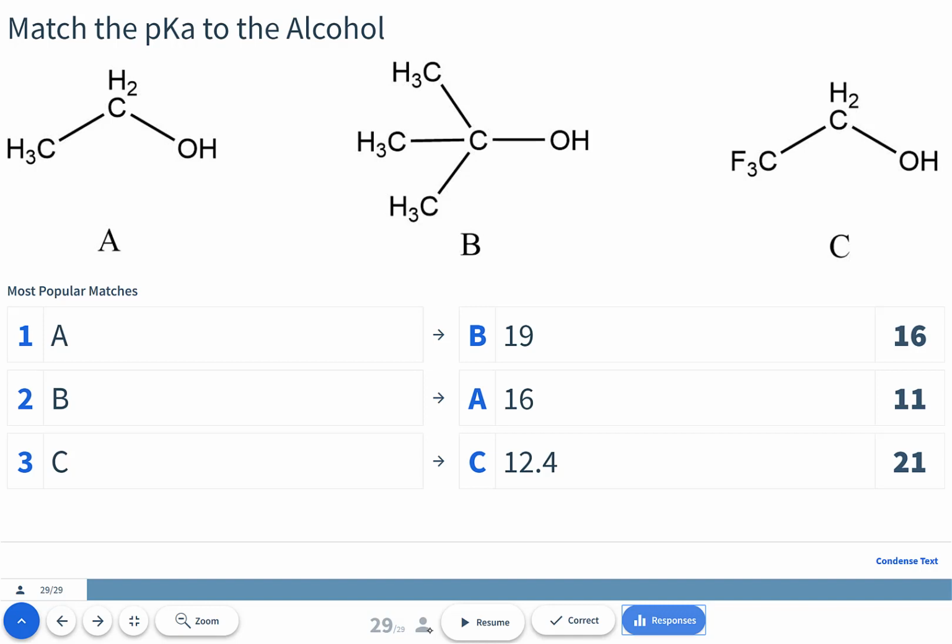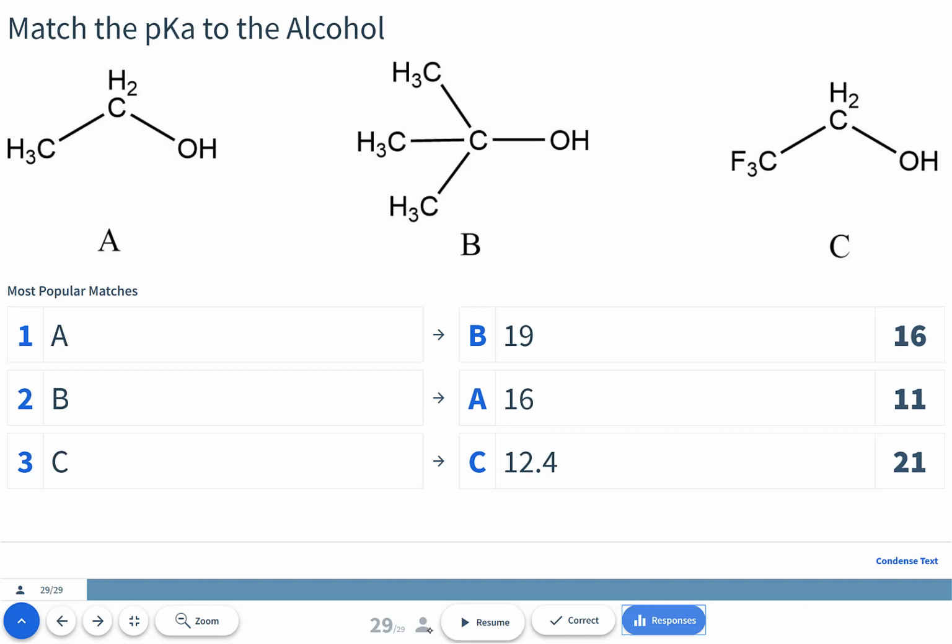I would want to draw my diagram out with my O minus. And then I want to go back and remember, what does an alkyl group do? Carbon becomes slightly negative, correct? And hydrogen becomes slightly positive. And that alkyl group can push electron density.